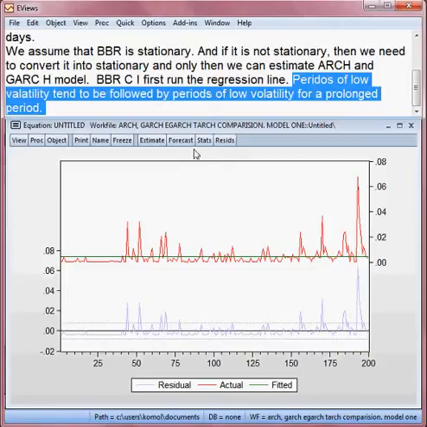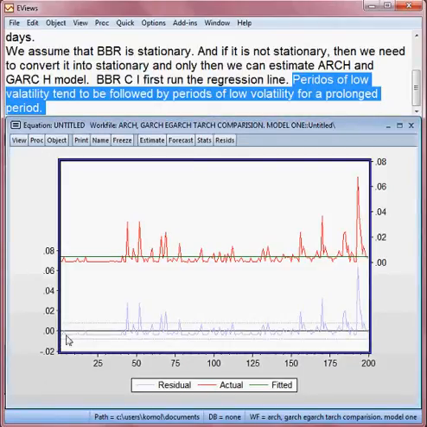Meaning you can see from here to here, the low volatility is followed by another low volatility for a prolonged period.